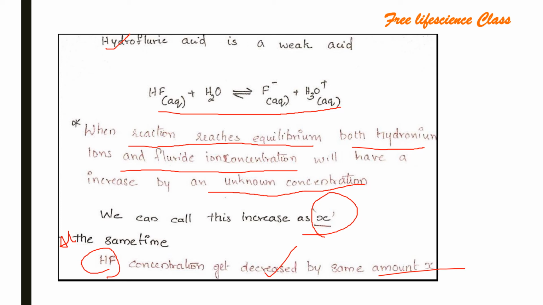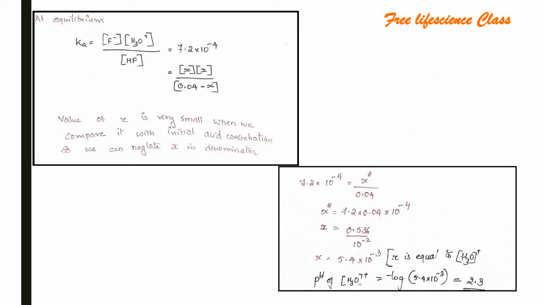Okay, now we can move into the calculation part. At equilibrium, this is the equation we have to give: the fluoride ion concentration and hydronium ion concentration divided by hydrofluoric acid concentration equals the Ka value, which is given in the question as 7.2 into 10 raised to minus 4.